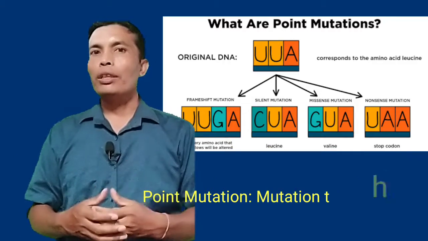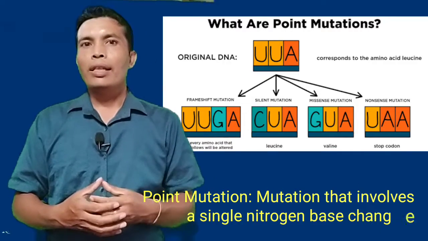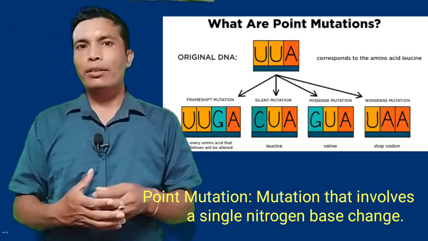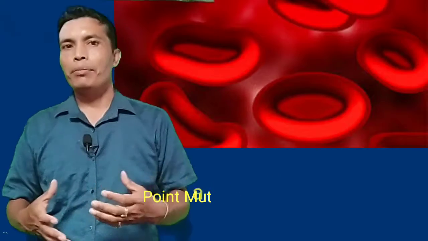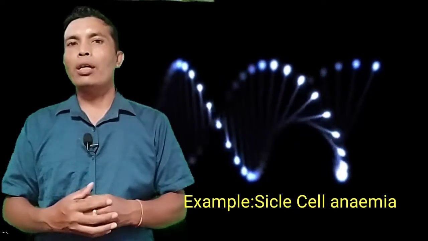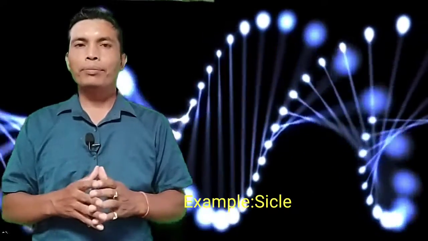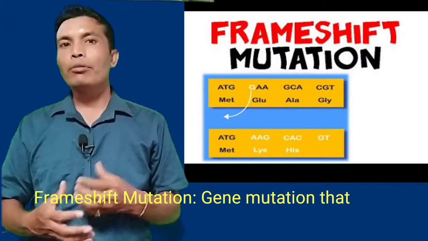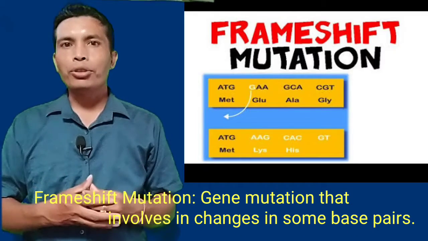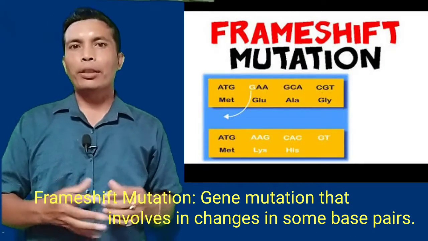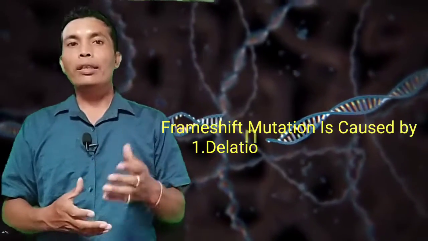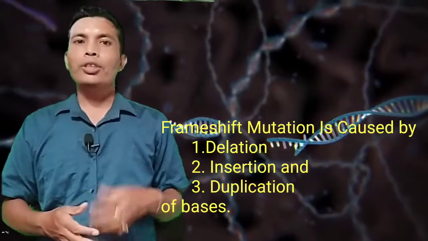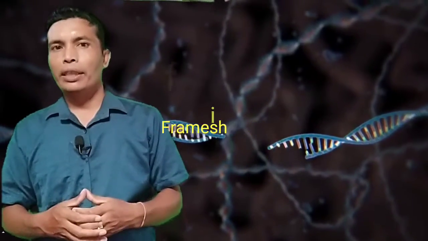It is the type of mutation which involves a single nitrogen base change. One example is sickle cell anemia. About sickle cell anemia we will study later in this chapter. Now the other type of mutation is called frameshift mutation. The type of mutation which arises due to change in some base pairs is called frameshift mutation. You know, frameshift mutation is due to deletion, duplication and insertion of base pairs of DNA.